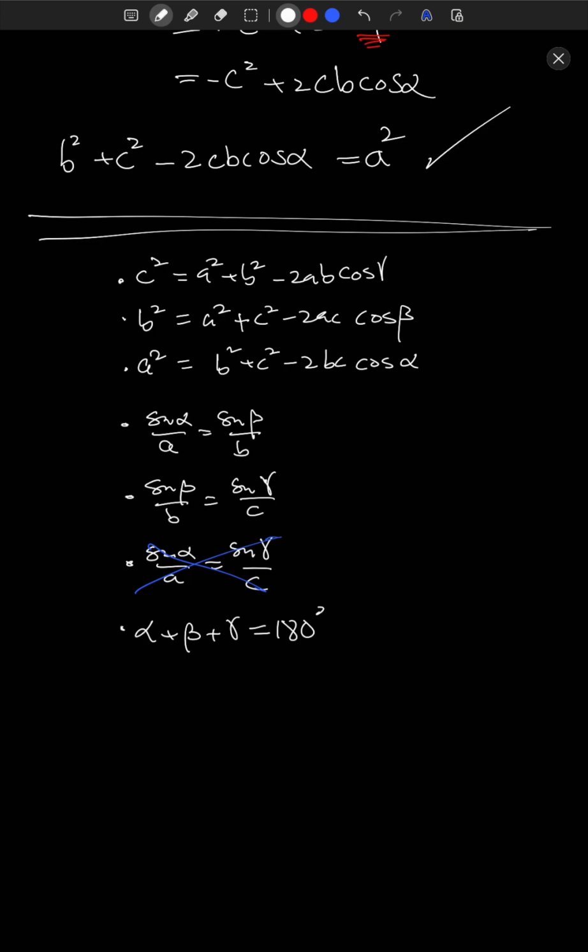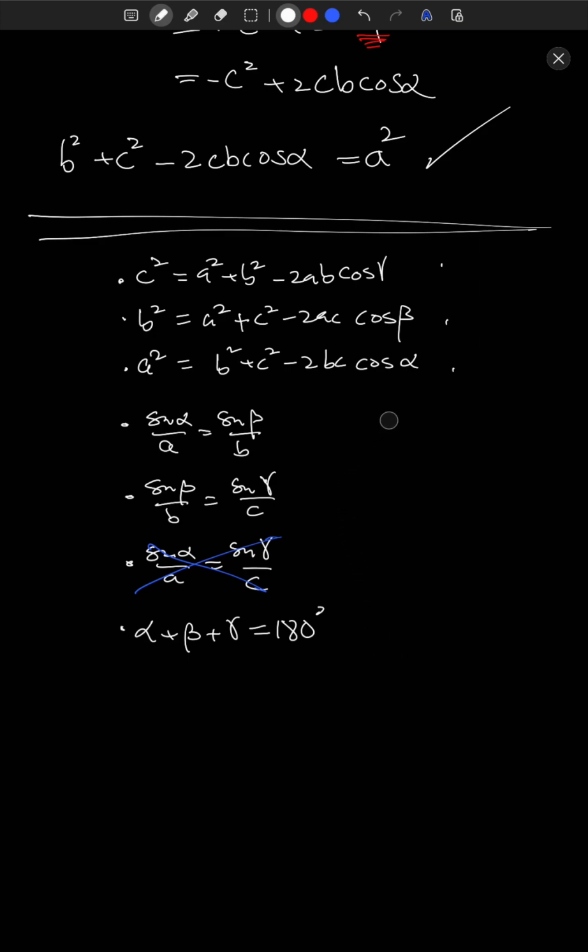So that would be 6 bits of information and 6 unknowns. But now it looks like we have 1, 2, 3, 4, 5, 6 equations. So it seems like we have too much, right? If I give you 3 sides, isn't that 9 bits of information versus 6 unknowns?